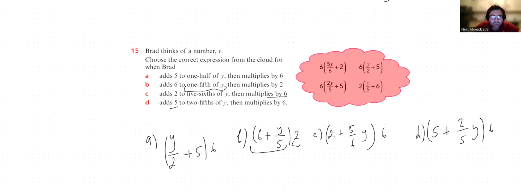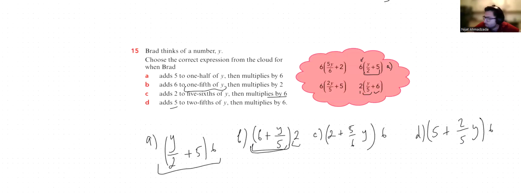So let's see what the answers are. First one, we got y over 2 plus 5, times 6. This is part A. Part B, we have 2 times y over 5 plus 6.